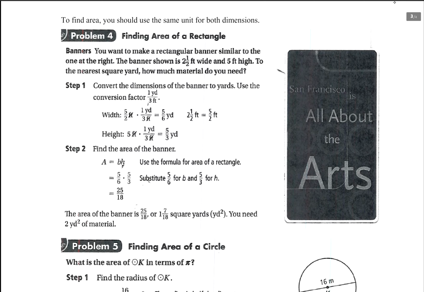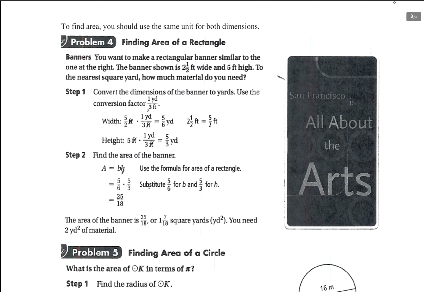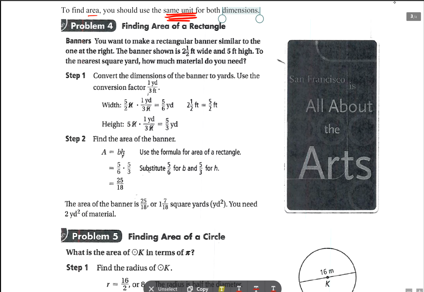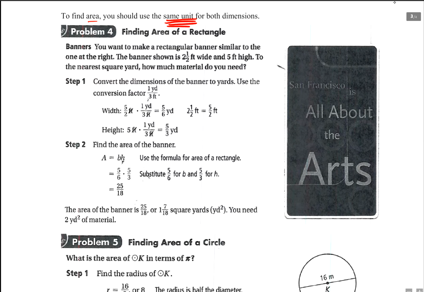When you are using any formula, but here we're specifically talking about area, you need the same units for everything. The thing about units is you need to change them before you calculate.